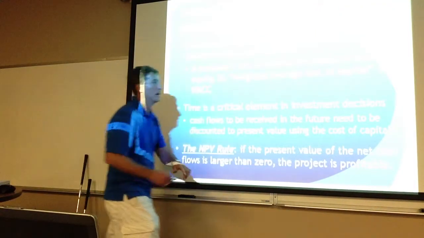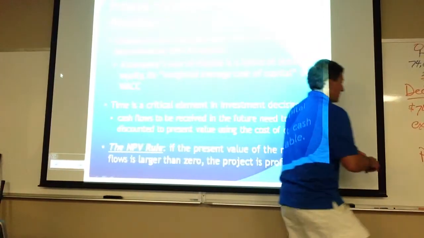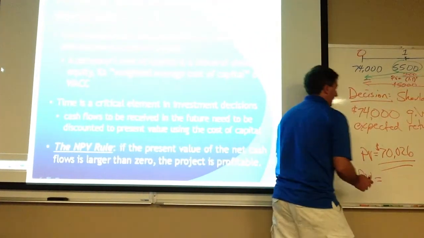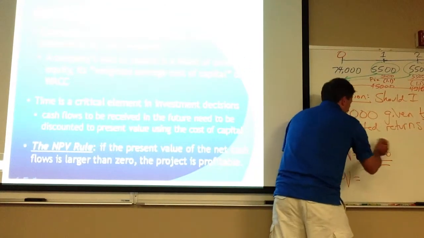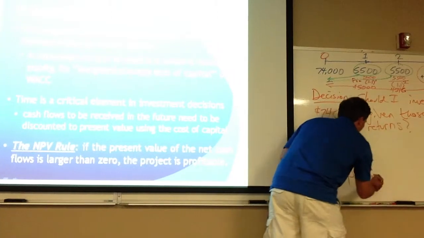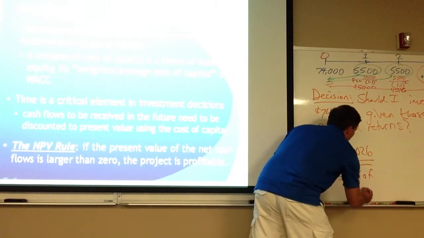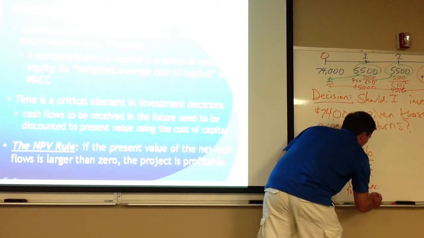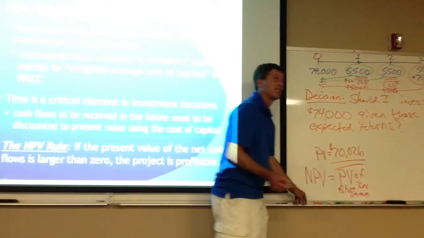So the net present value is equal to the present value of the future income stream, which we just calculated. We call it an income stream since there was a series of payments.